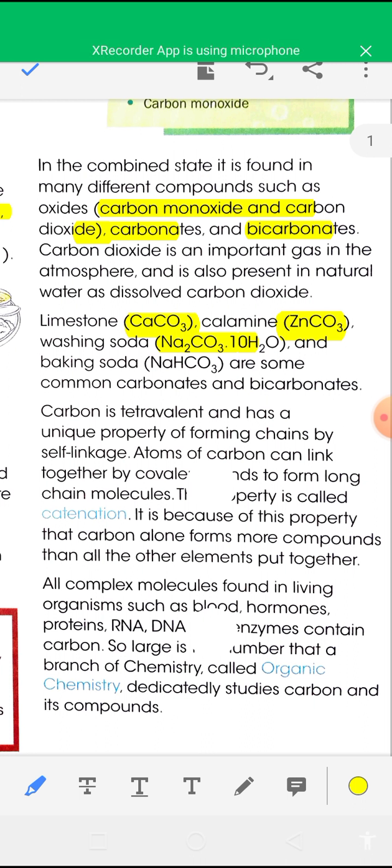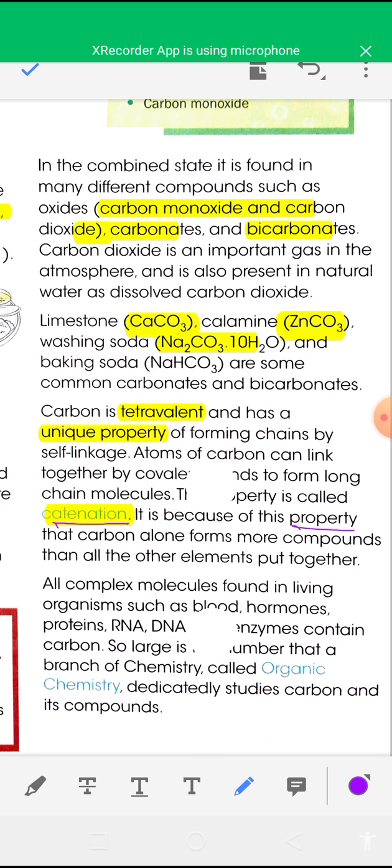Carbon has tetravalency, that is, it is a tetravalent element, it has 4 hands, and it has a unique property called the catenation property of carbon. So what is catenation? It is the self-linking of carbon atoms.